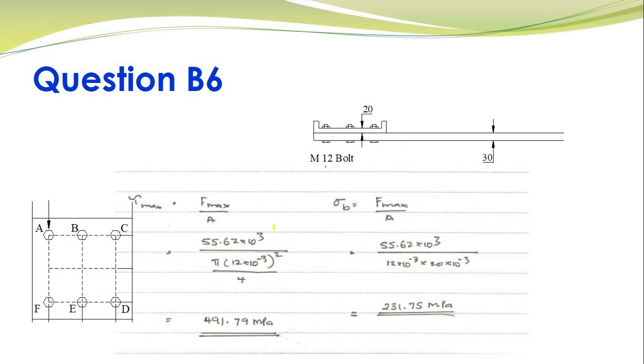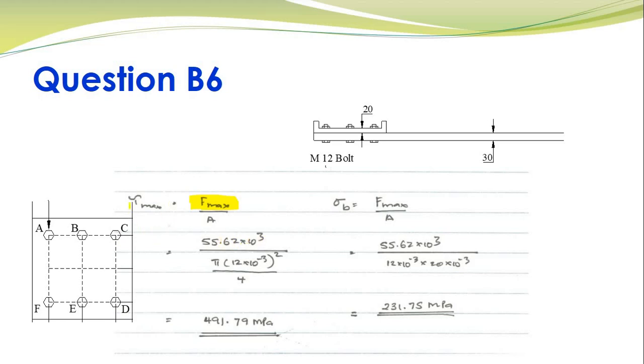And lastly, we have to find the maximum shear stress and maximum bearing stress. Your tau max equals F max over A, and F max is the maximum force that acts on these bolts. We found that the maximum force was acting on bolts C and D, which was 55.62 kilonewton.